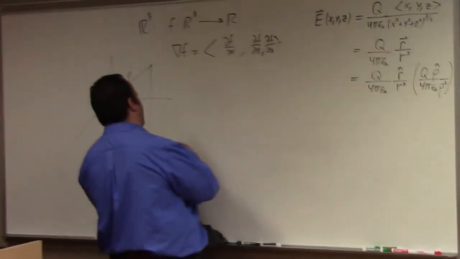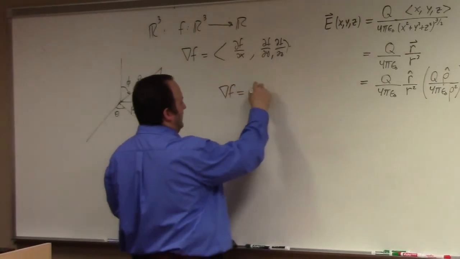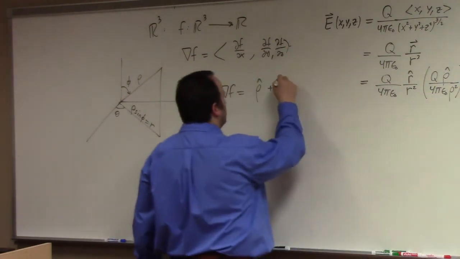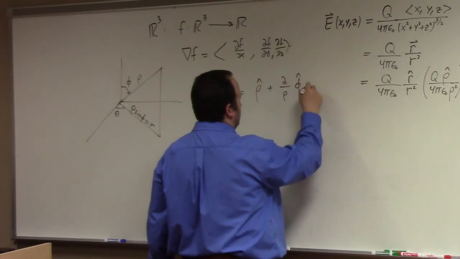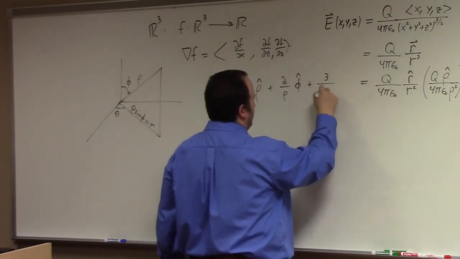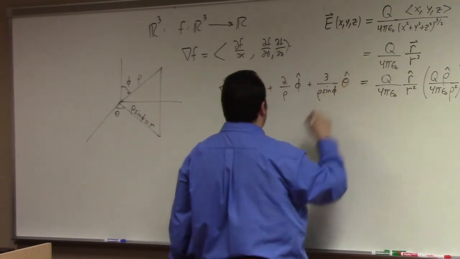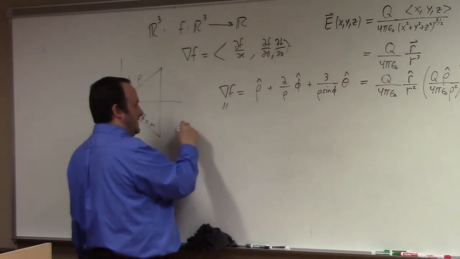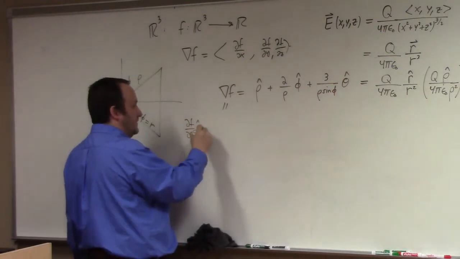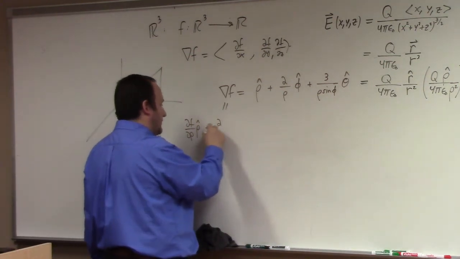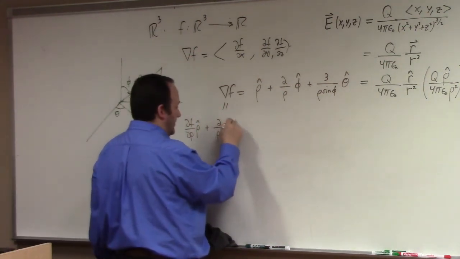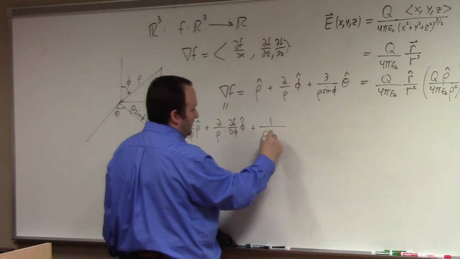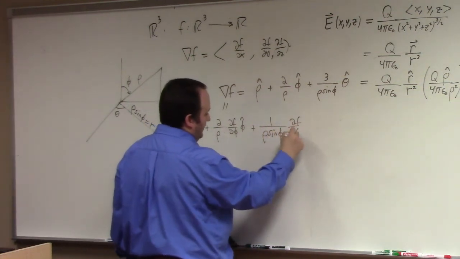So what if I had gradient of f was like rho hat plus 2 over rho phi hat plus 3 over rho sine phi theta hat? This is very dumb in the sense that we just worked out that that's partial f, partial rho hat. I say we worked it out, that's kind of a lie. 2 over rho. We looked at how we work it out. Partial f, partial phi hat. 1 over rho sine phi, partial f, partial theta hat.